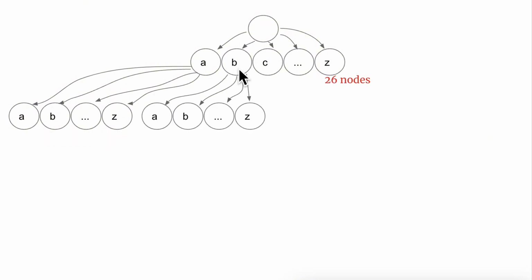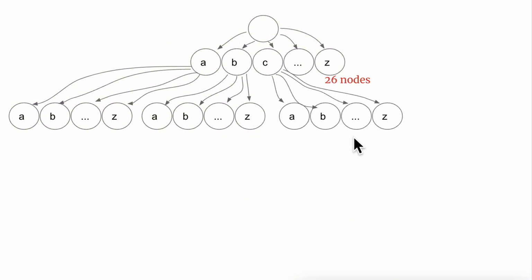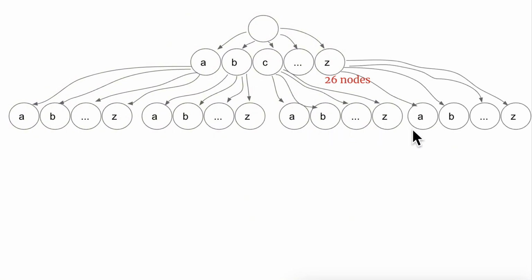So this node, which contains the character B, has 26 child nodes, each representing a character from A to Z. Similarly, this node that includes the character C has 26 child nodes that include characters from A to Z as well. Imagine this, there would be many nodes at this level, right?